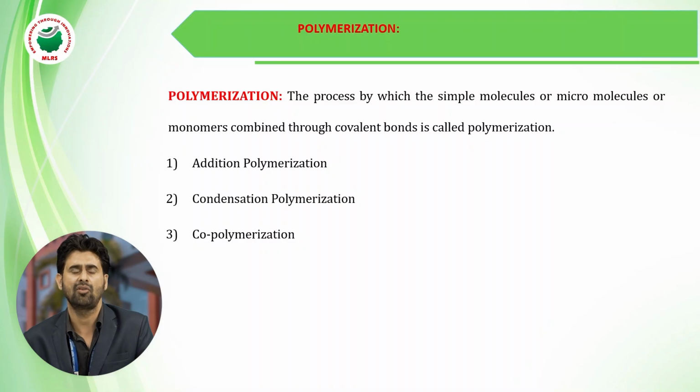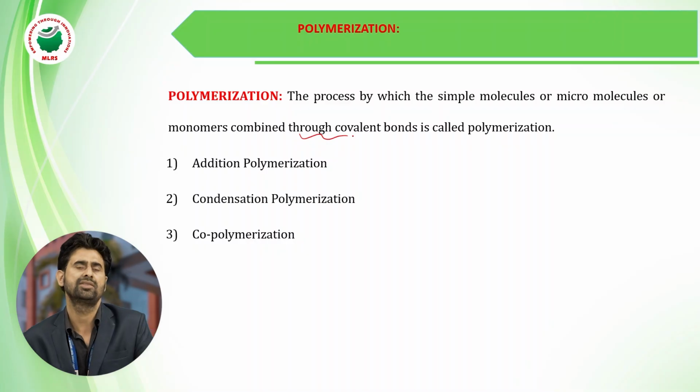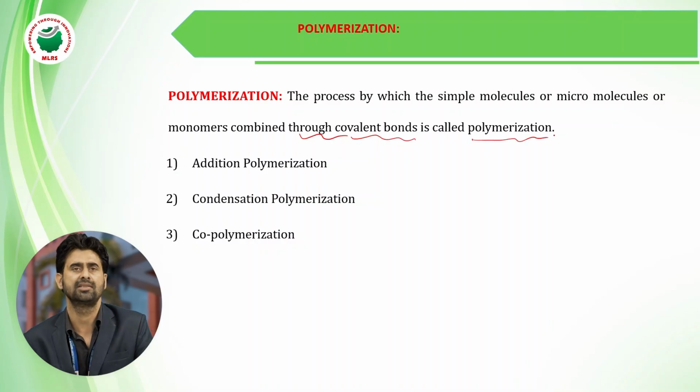The process of the formation of polymers from the smallest units, that is monomers, is what we call polymerization. These monomers are combined through covalent bonds.